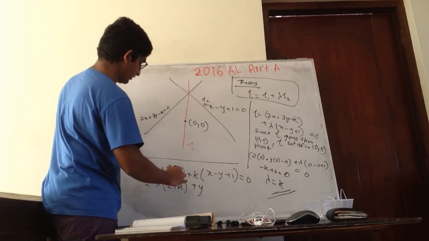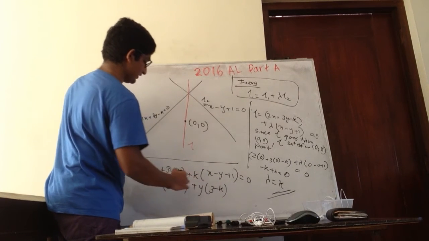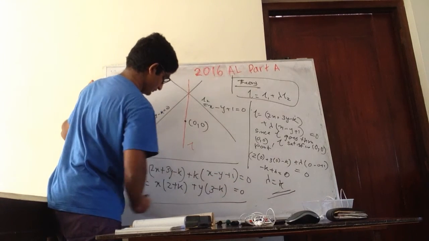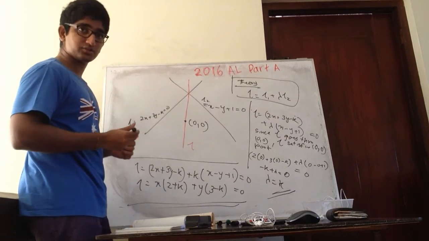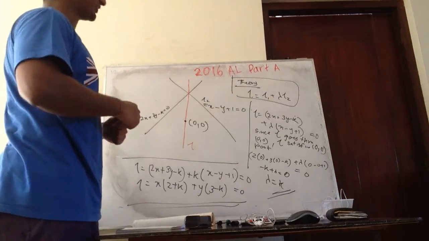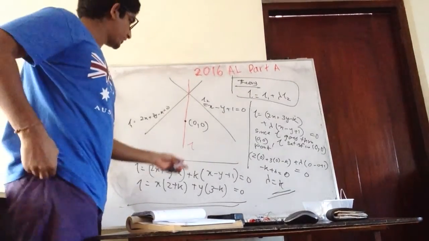If I take y out, 3 minus k. Minus k plus k is going to be 0. Can be written as this, no? Right? So that is the first part they are asking. Right, so we came up to here.